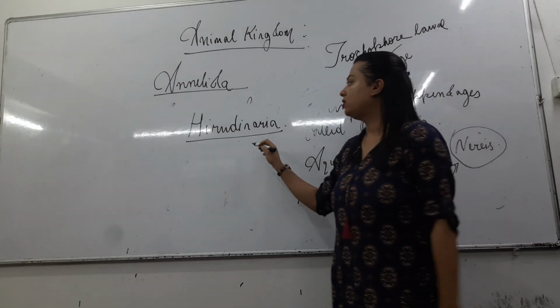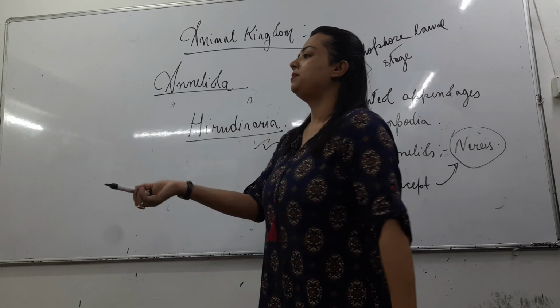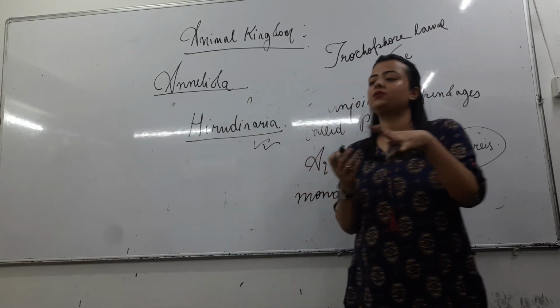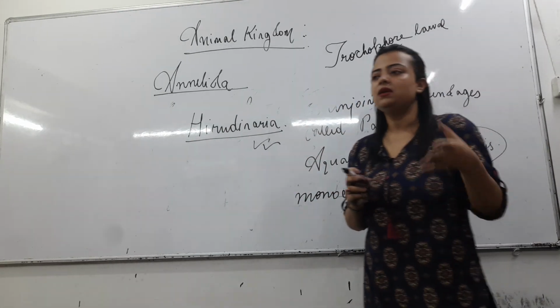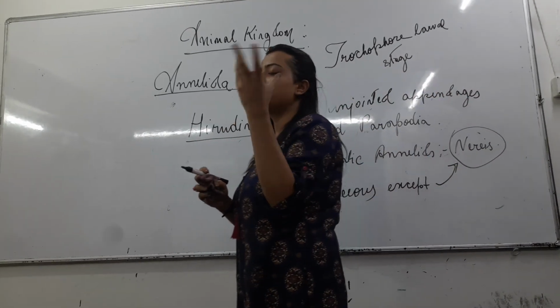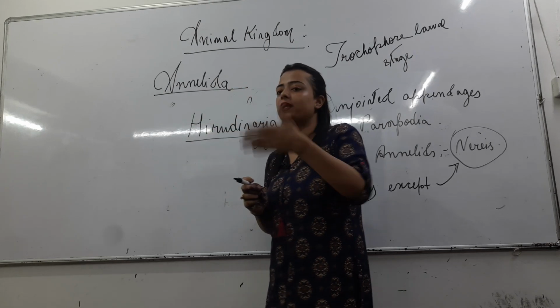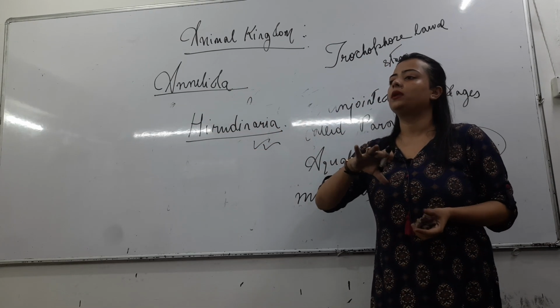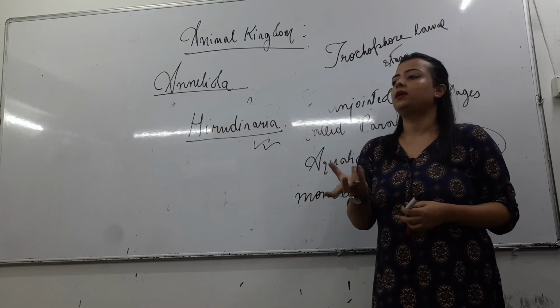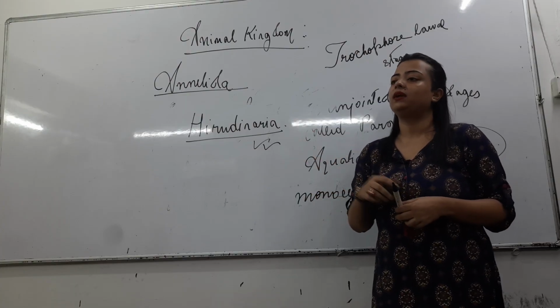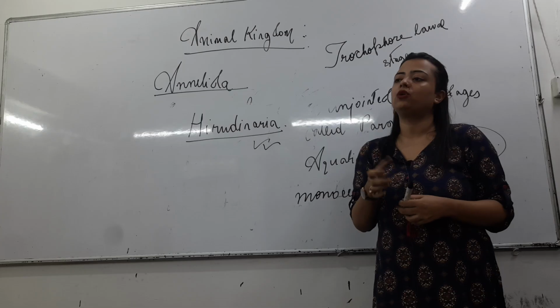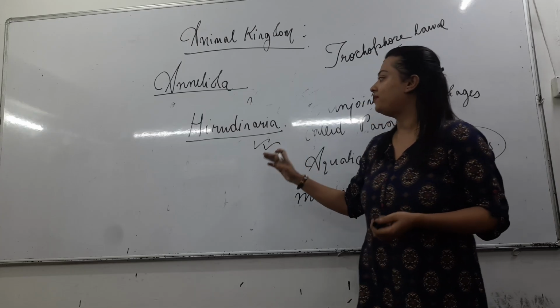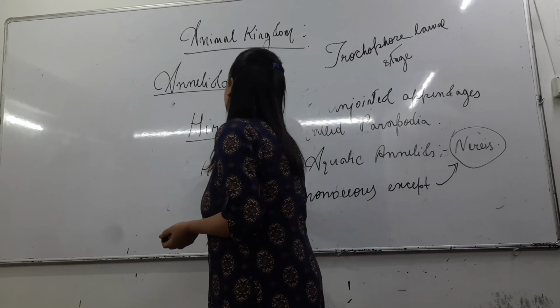Since they have an open circulatory system, there are no blood vessels, so when they suck blood it keeps going into their body. The blood should clot, but it doesn't clot because their salivary gland consists of hirudin.